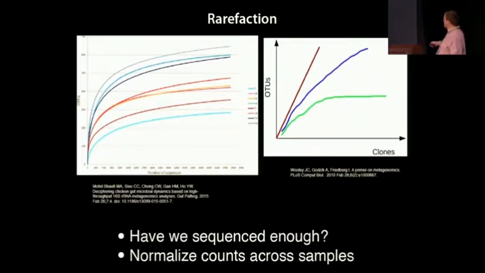So what you want to see in these curves is a nice flat curve. For example, if you would only have to sequence up to this depth for this green one, but you only sequenced up to here on this red one, you're going to have to assume that you did not grab all the organisms out of your analysis.